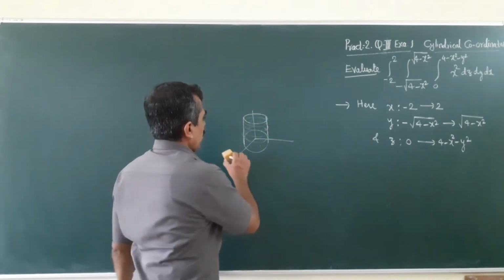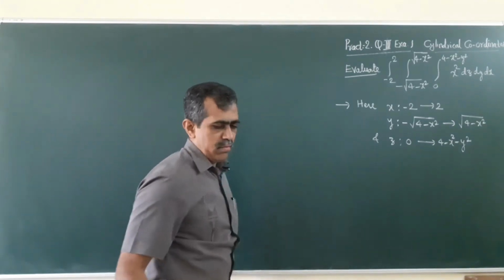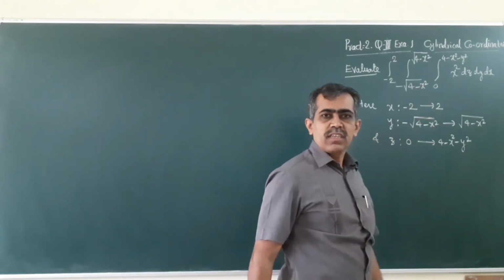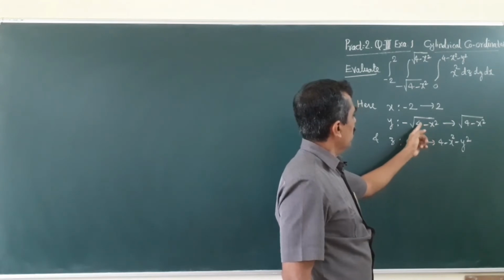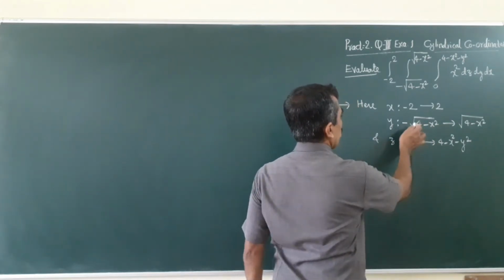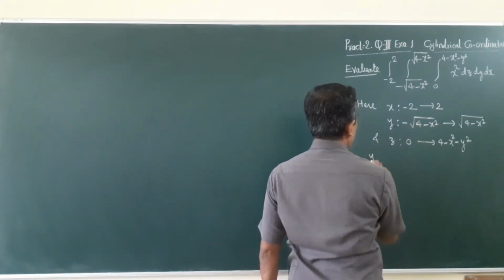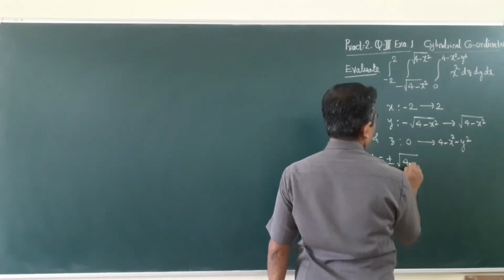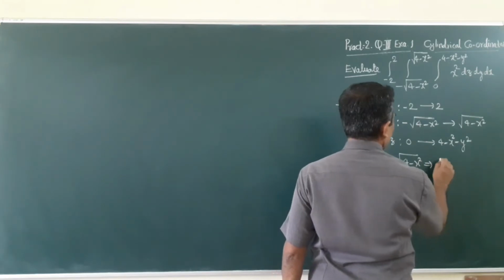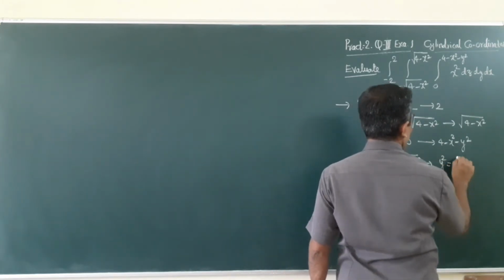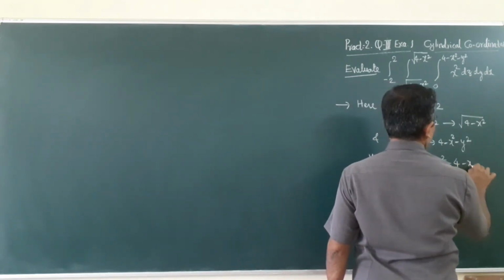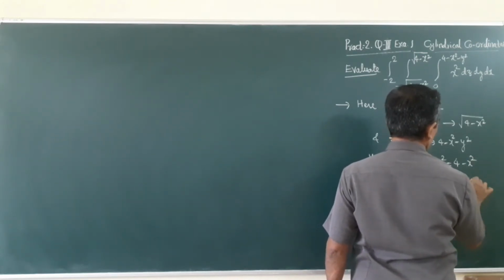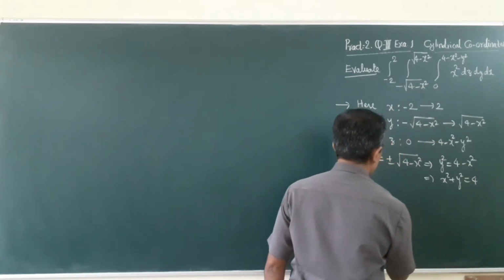So, see what is the base of this object given here. That will be clear from y. y is equal to plus minus root of 4 minus x square, which implies y square is equal to 4 minus x square. This implies x square plus y square is equal to 4. Yes, and which is a circle?